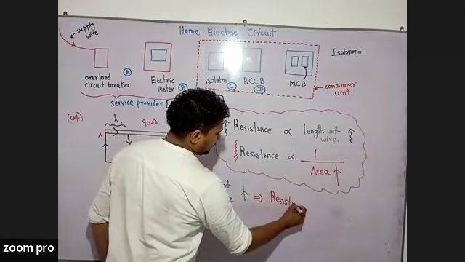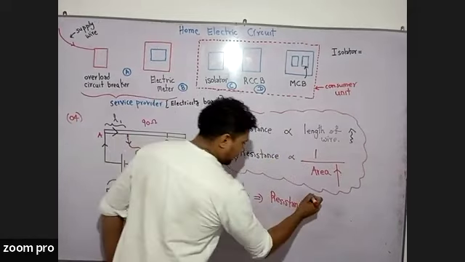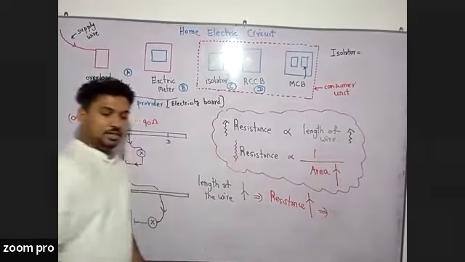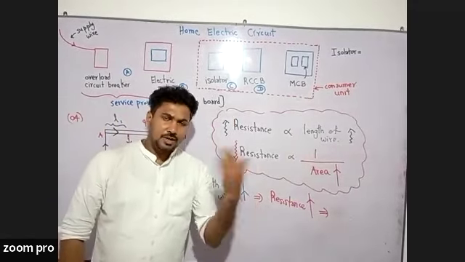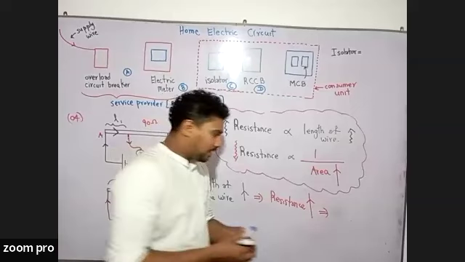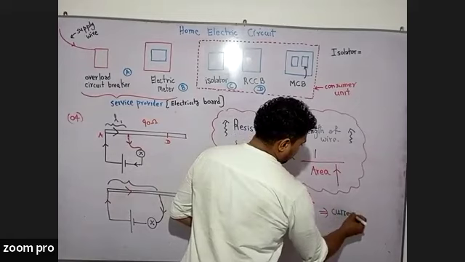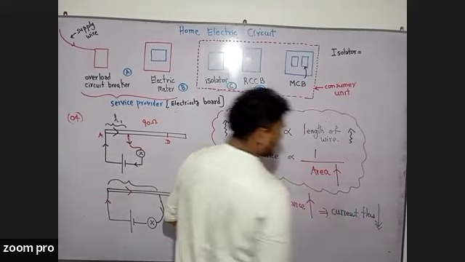As I mentioned earlier, when the length of the wire increases, resistance also increases, right? So when the resistance is increased in a particular circuit, what happens to the current flow? Current flow should be decreased, right?